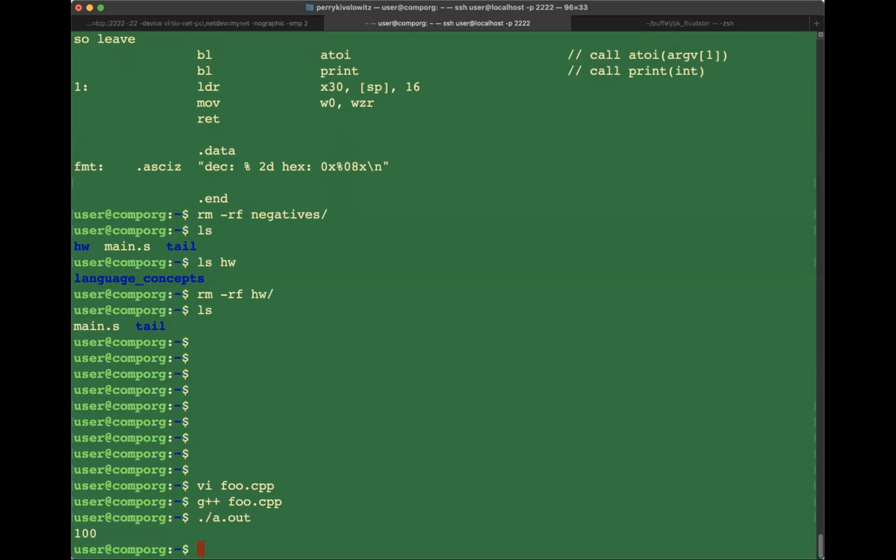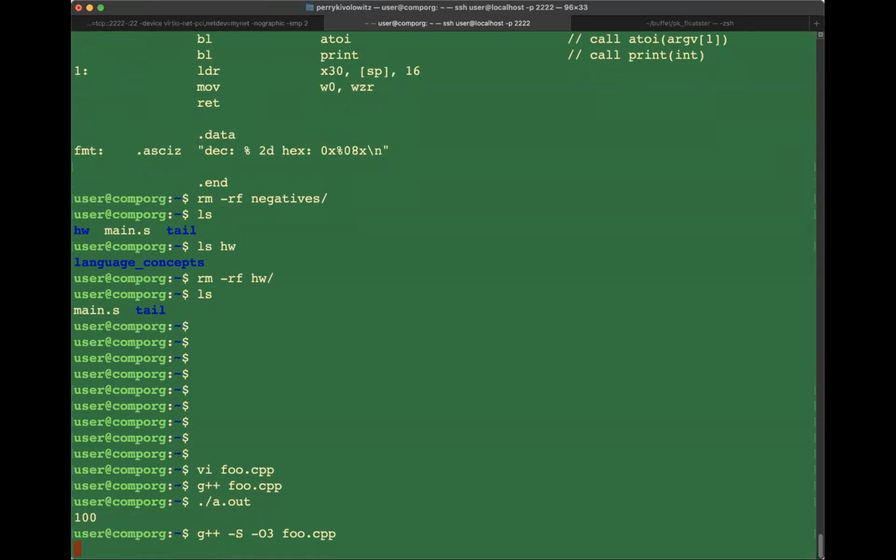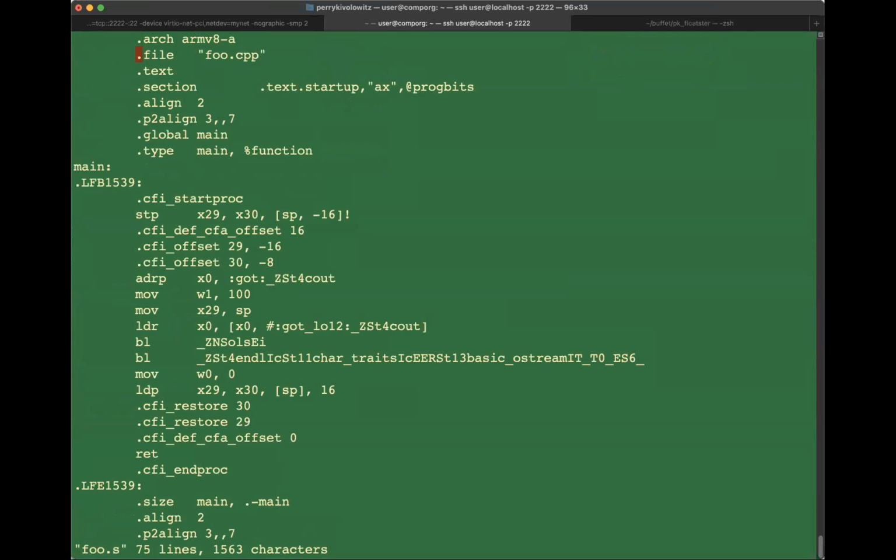Now, I'm going to recompile it again, turning on all the bells and whistles of the optimizer. And I'm going to leave it as assembly language, okay? I'm teaching without a net here, so I hope it shows what I expect it to show. foo.s. Okay, so let's try to find, there it is already.